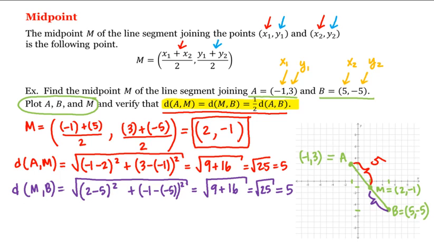That is, this distance here is also 5, which means we verified this first equality up here, that the distance between A and M is the same as the distance between M and B.